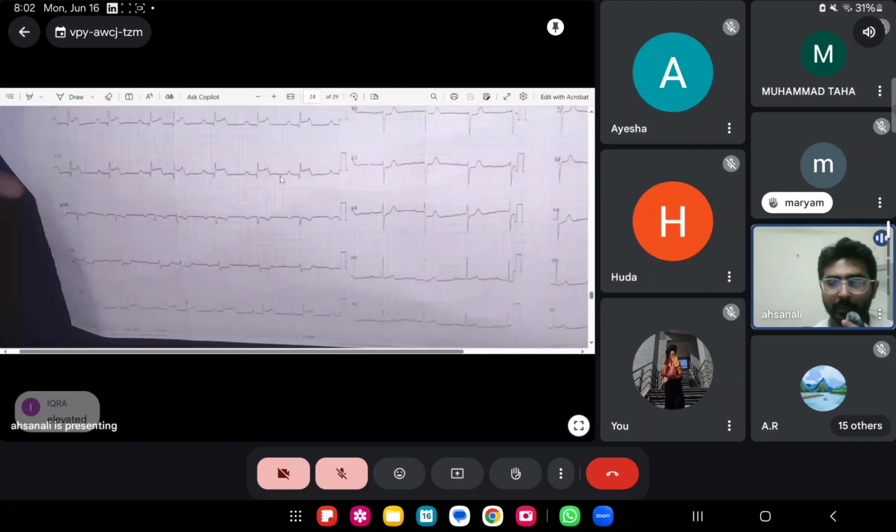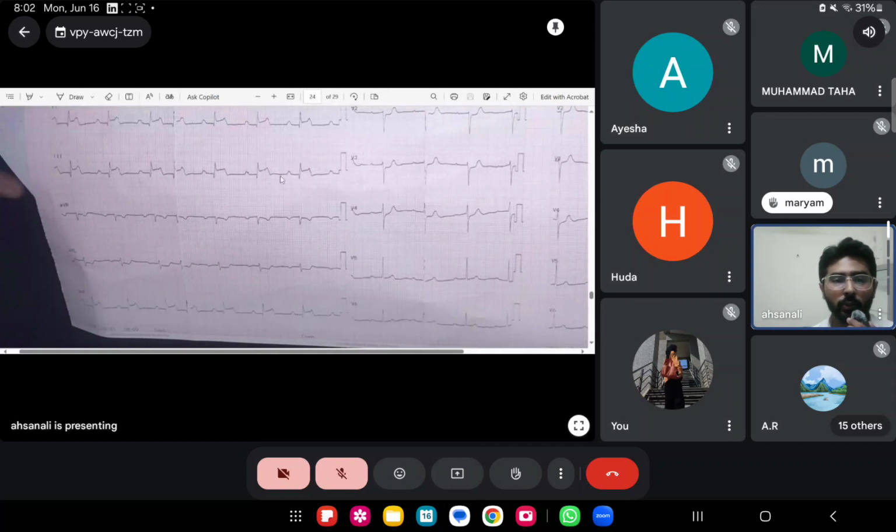Do the ST segments seem normal? So the ST is elevated, as has rightly been said. So what do you think, is the patient having a myocardial infarction? Yes or no? Yes, very rightly said. The patient is going to have an ST elevation MI.